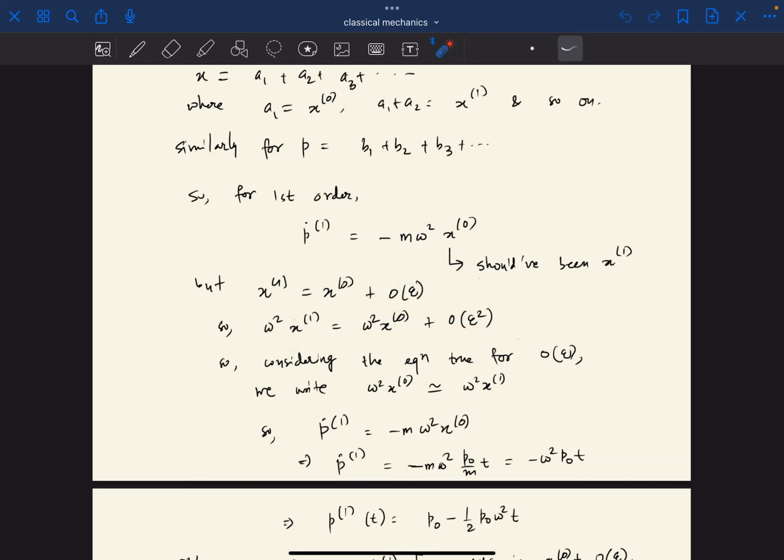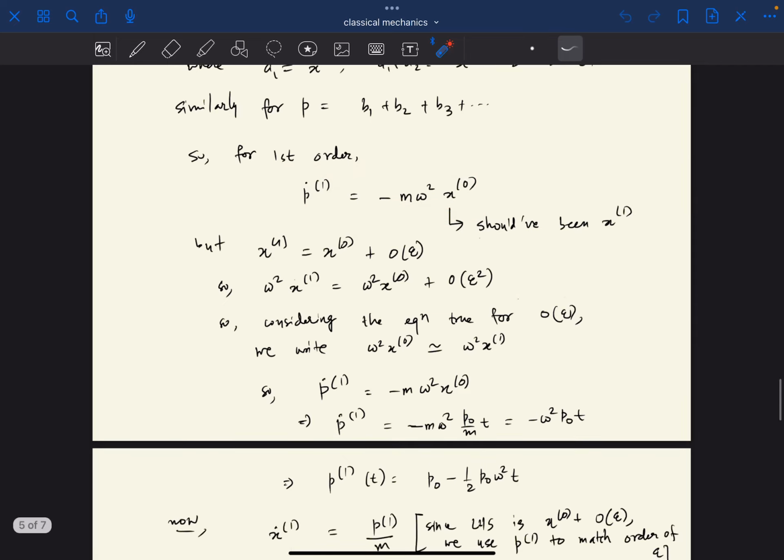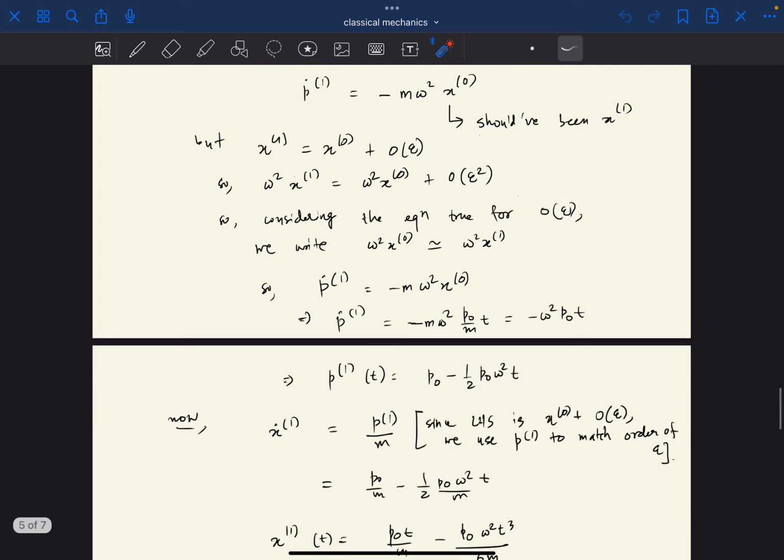But this equation is valid for order epsilon, so we actually consider omega square x0 and omega square x1 as the same, considering order epsilon. So this we get finally.